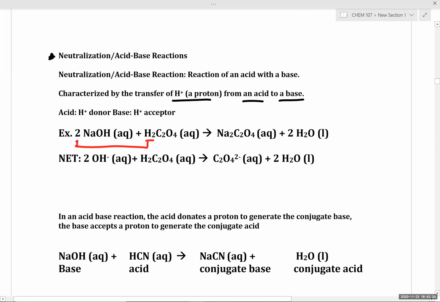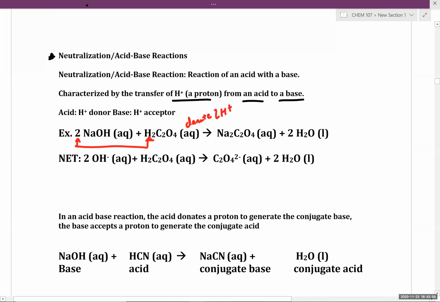As we notice from the formula, oxalic acid can donate 2 protons. So as a result, we need 2 sodium hydroxide molecules to accept those protons.